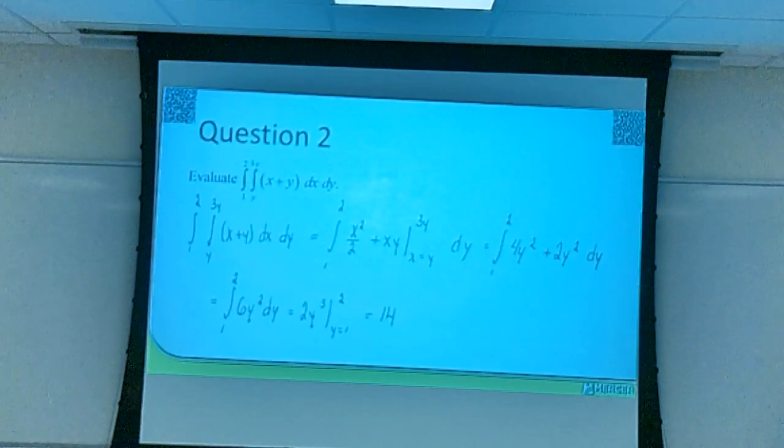Right. So even this iterated integral is nothing new, right? It's just taking what you learned in integral calculus and applying it multiple times. If you are rusty with your techniques of integration, maybe brush up.